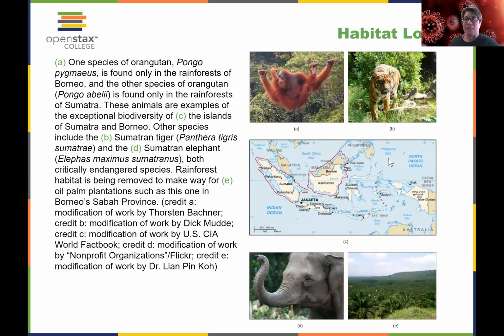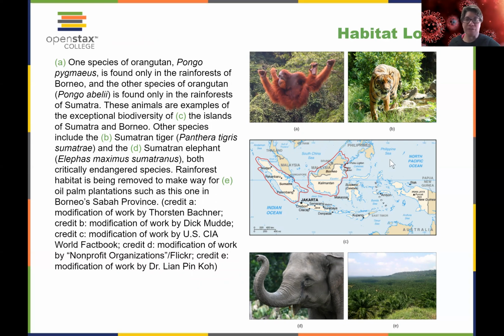So this is habitat loss. And you can see this little orangutan, this cute little guy. He only lives in rainforests of Borneo, so he's endemic to Borneo, which is in this picture here, in that area between Malaysia and that other country, or maybe that's all Malaysia. I think it's all Malaysia.